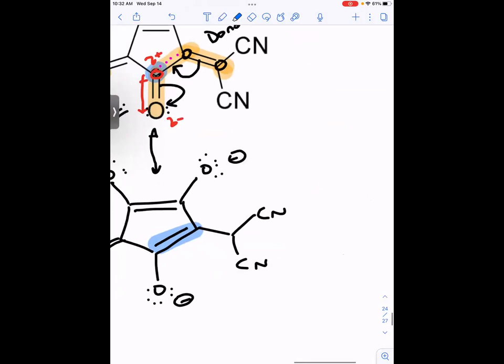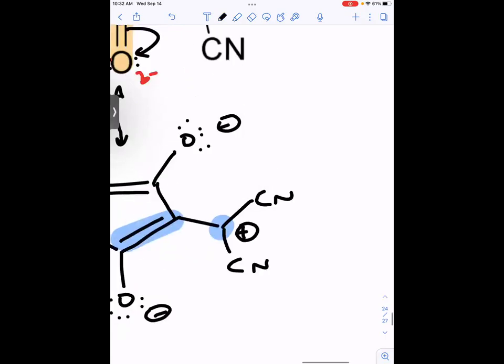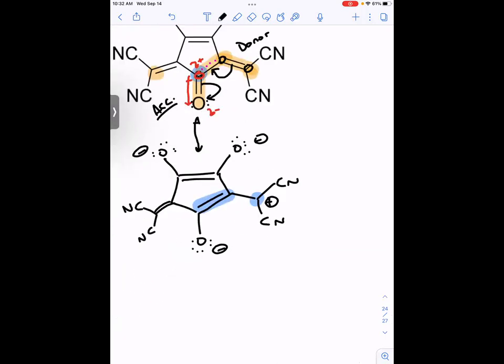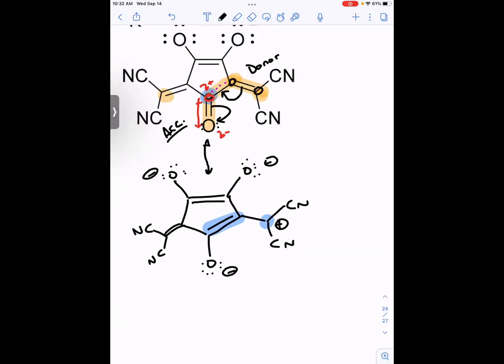What about this carbon right here? What's the charge on it? It has a positive charge. Excellent, excellent, excellent. It's got a plus charge on it. Anytime I break a bond to carbon and I don't add a pair of electrons in, that carbon is going to become positive. Right? So now that's on the right side.